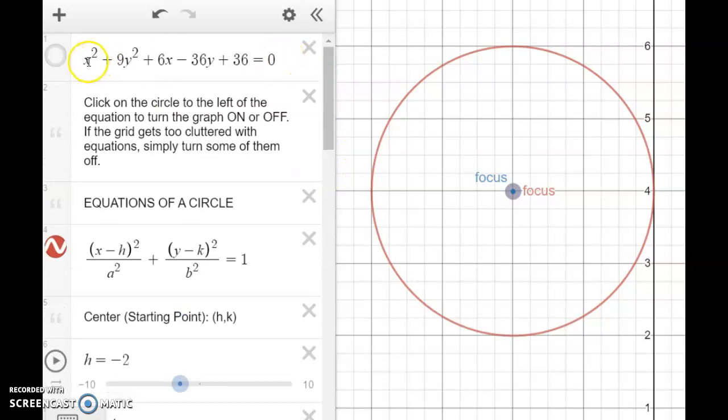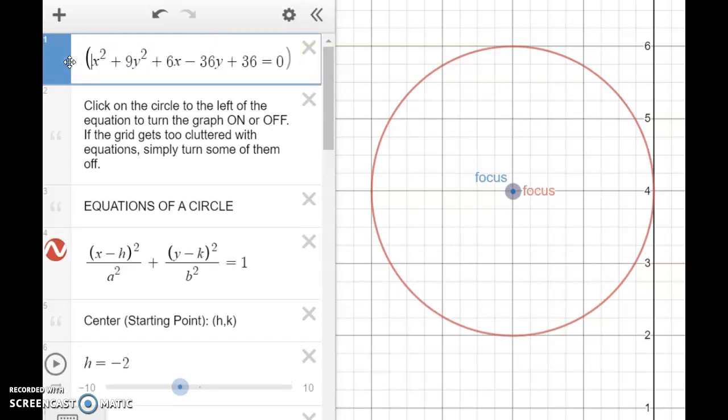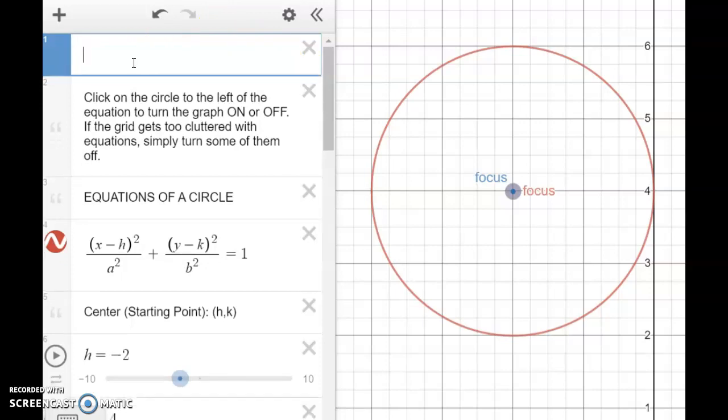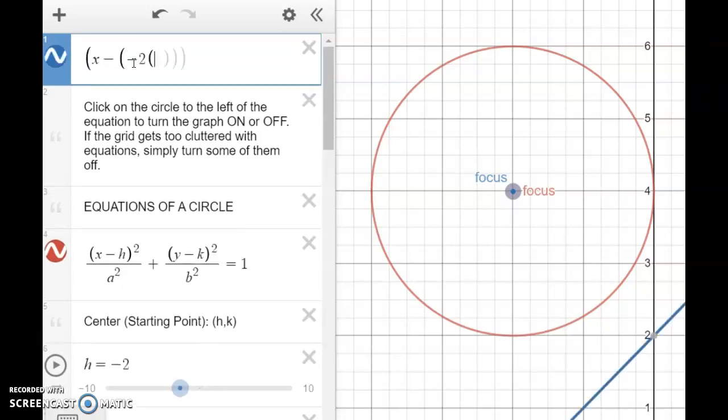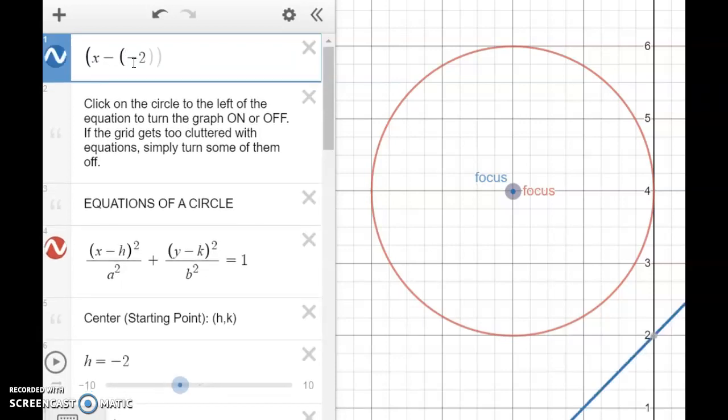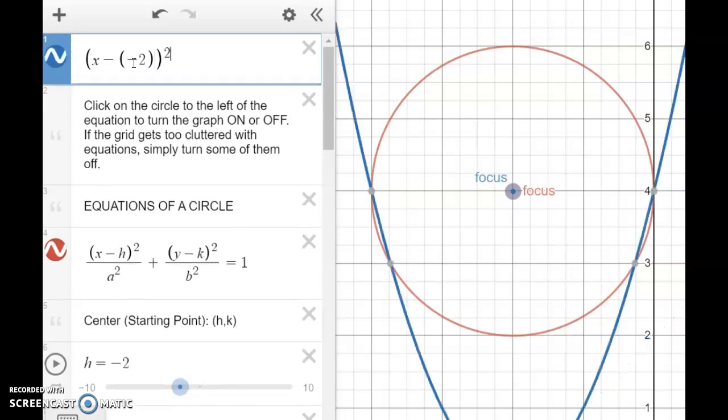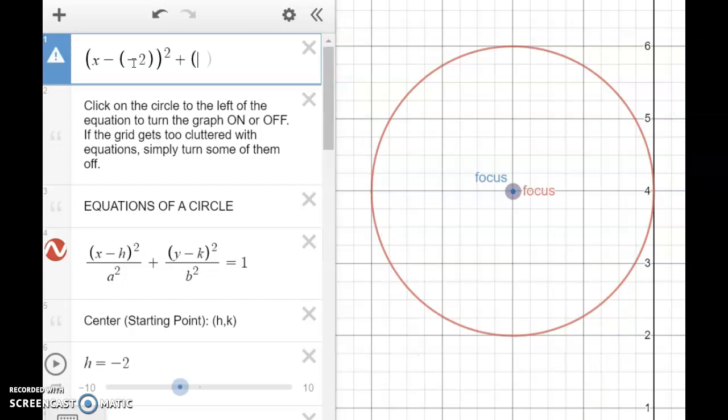So if over here I'm going to rewrite this one differently, I would come up with, oops, I wanted to erase that actually. Try that again. Please let me erase it. There we go. So (x minus -2) squared plus (y minus 4) squared.